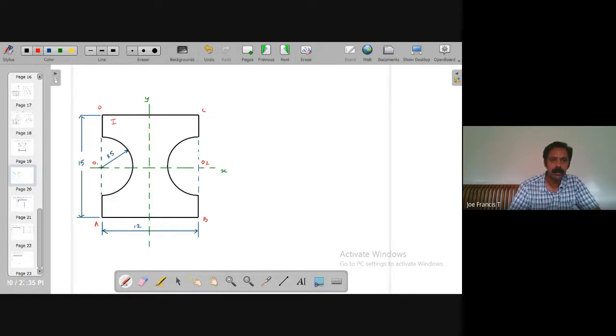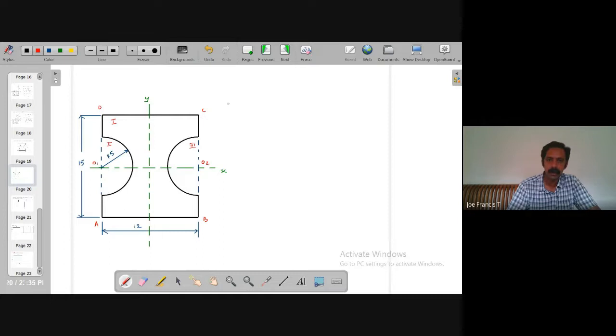Then we have a semicircle with center O1, that is the second figure. And then the semicircle with center O2, that is the third figure. So the moment of inertia of this composite section becomes the moment of inertia of the rectangle minus the moment of inertia of semicircle 2 and minus the moment of inertia of semicircle 3.